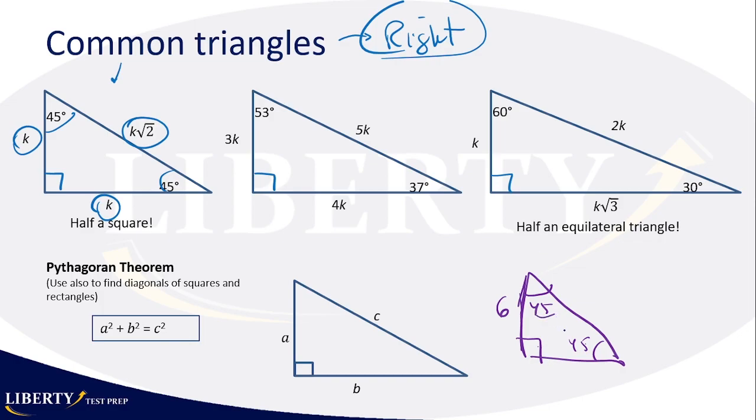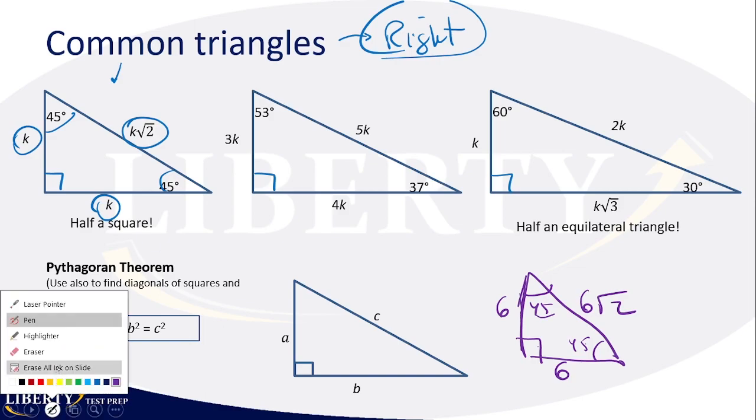So we know that this is a 45, 45, 90 degree triangle. So we already know how the lengths of the legs and the hypotenuse are going to correlate. So the other length must be 6 also, and this hypotenuse must be 6 square root of 2. So you see, you don't have to operate at all if you memorize the patterns and the relationships between these angles and the lengths of the sides and the hypotenuse.